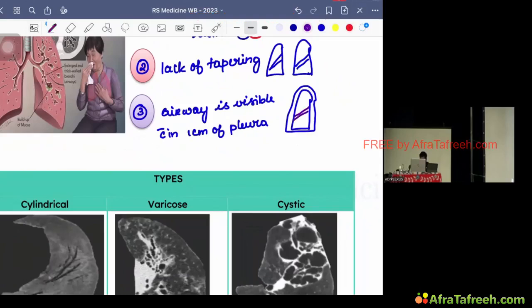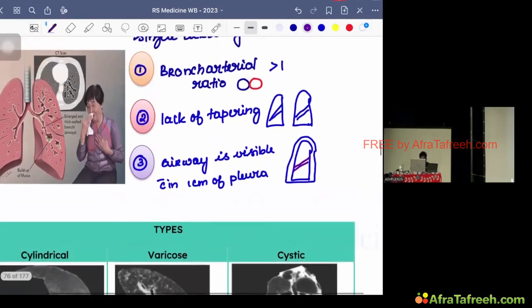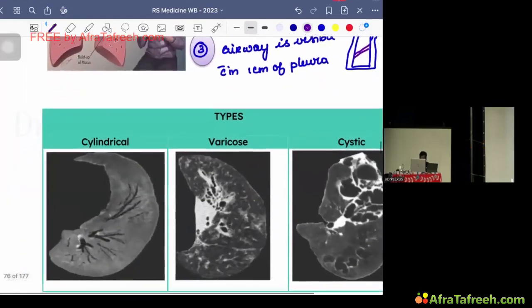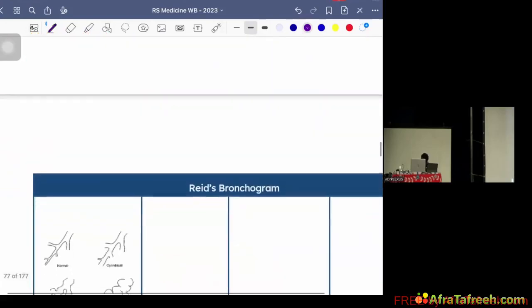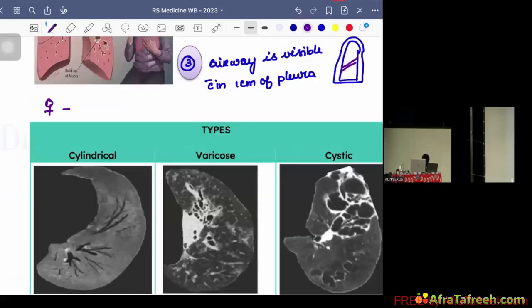That is called an airway visible within 1 centimeter of the pleura. So these three things also define bronchiectasis. Bronchiectasis is more common among females, and it is predominantly seen over the left lower lobe.